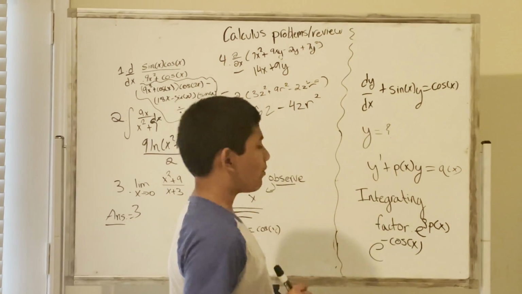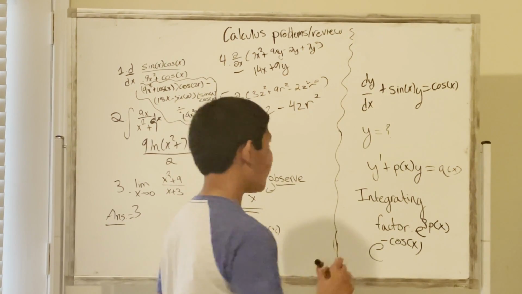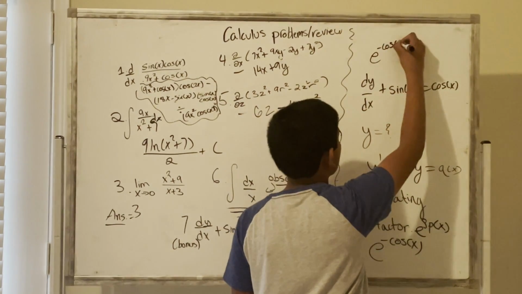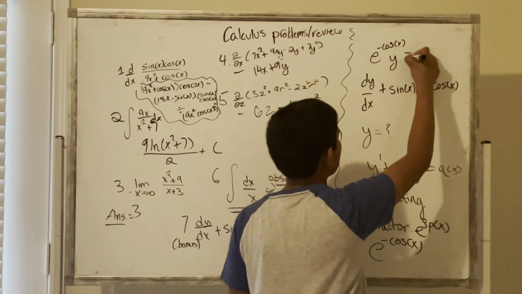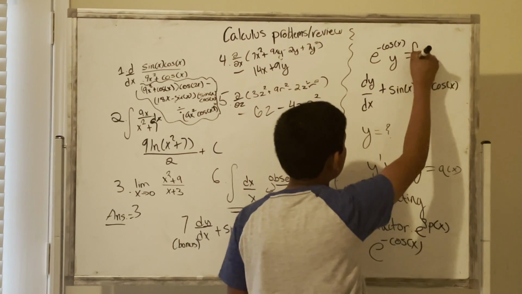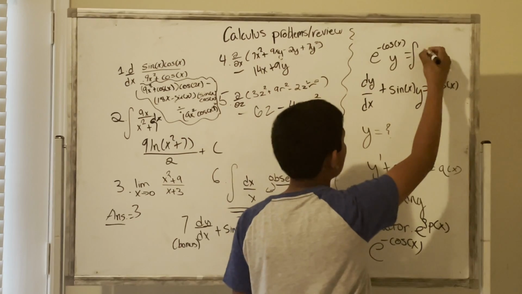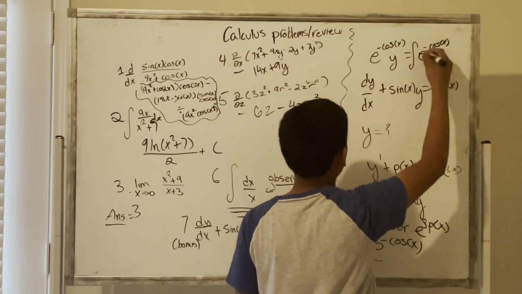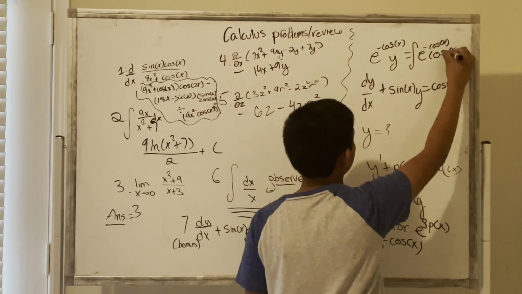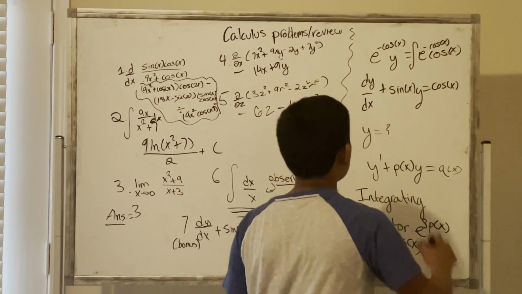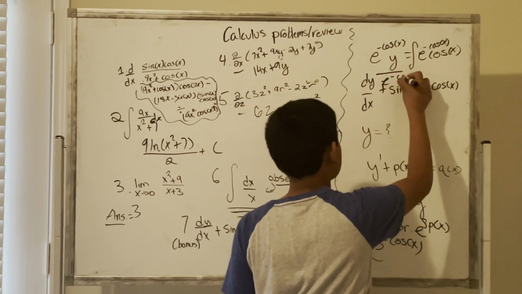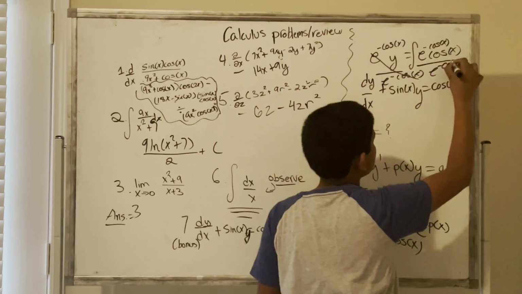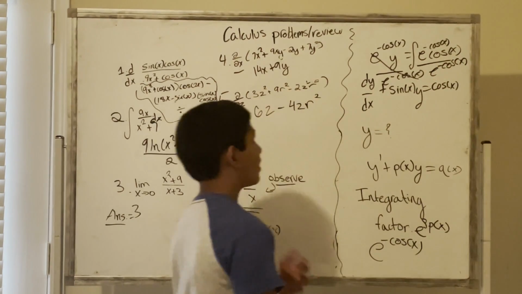When we multiply, we're just essentially going to get e to the minus cosine of x times y is equal to the integral of e to the minus cosine of x times q of x, which is cosine of x. And essentially we get that. Now if we divide by e to the minus cosine of x, we get our answer, which is y.